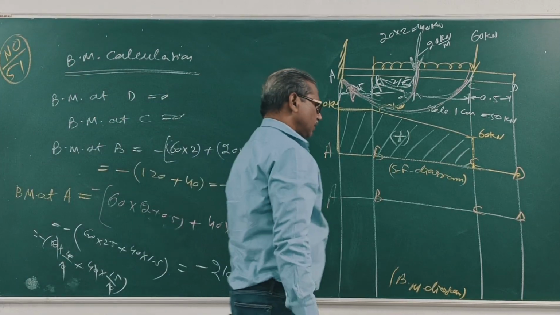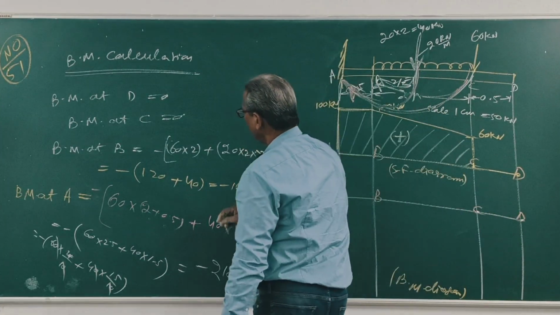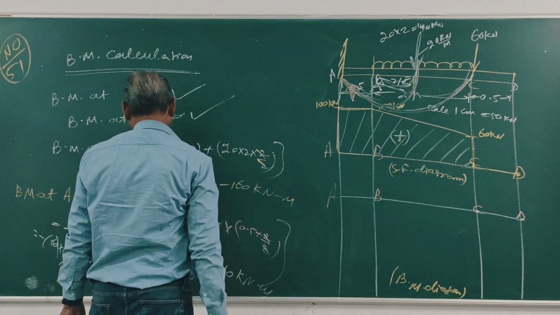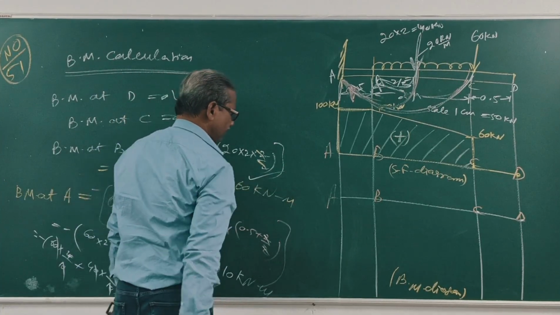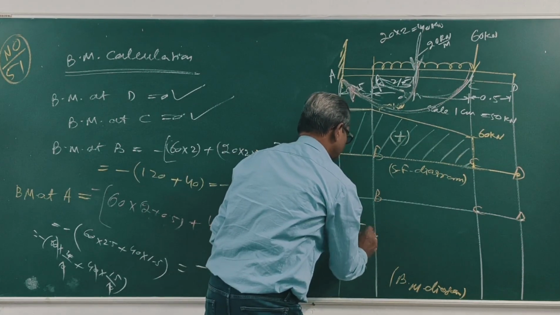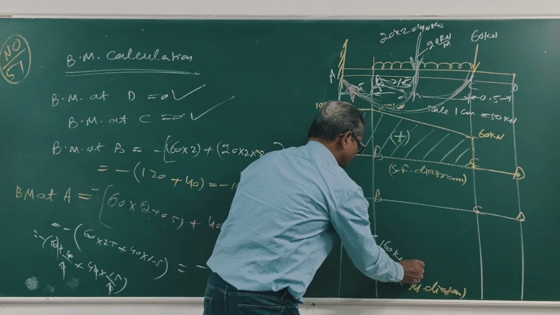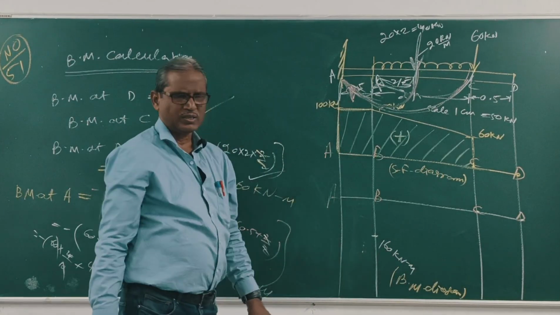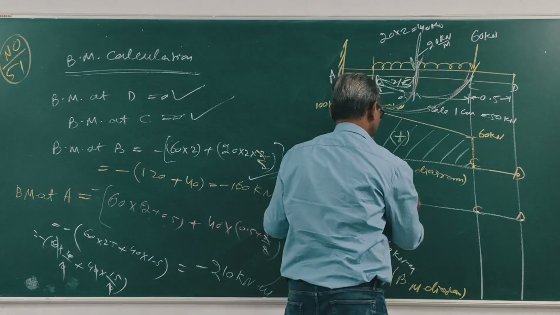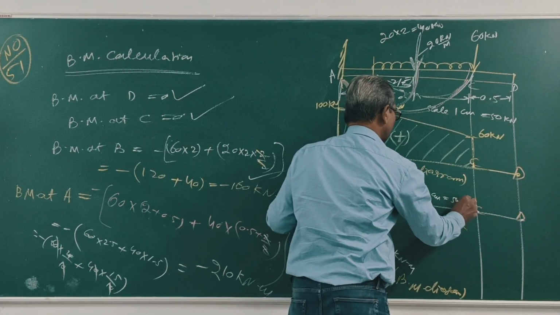Now, D 0, C 0, at B minus 160 kilonewton meter. Take scale, 1 cm is equal to 50 kilonewton meter.